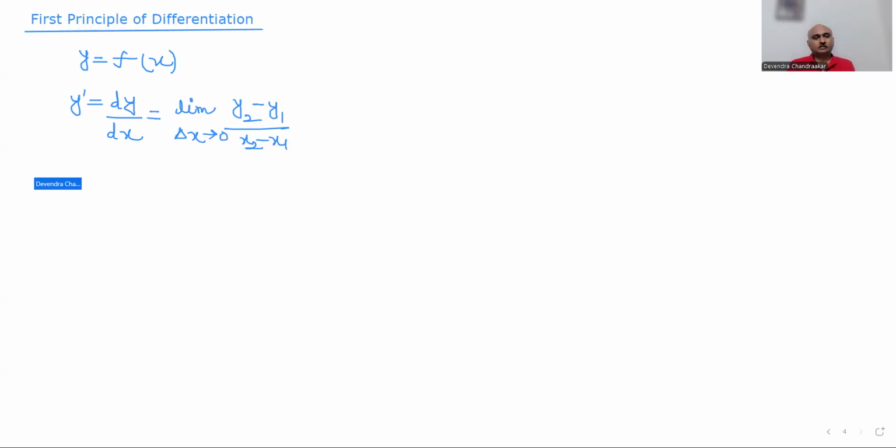Now the question is, what is actually done in differentiation? If x is equal to x1, then what will be y1? y1 will be f of x1. Yes or no?